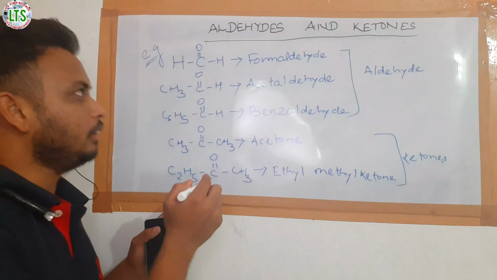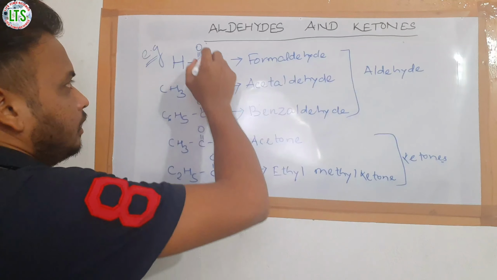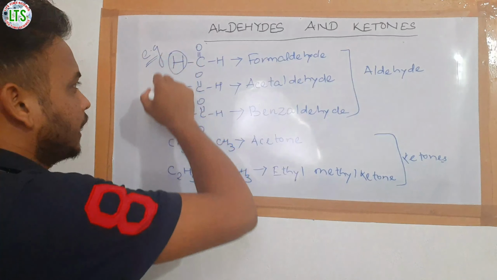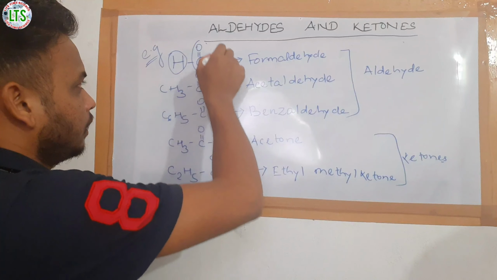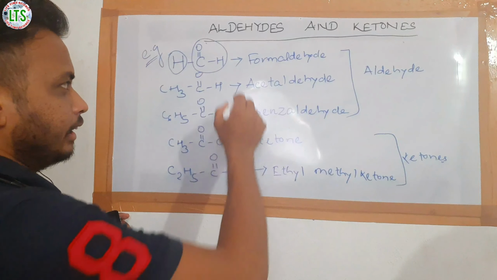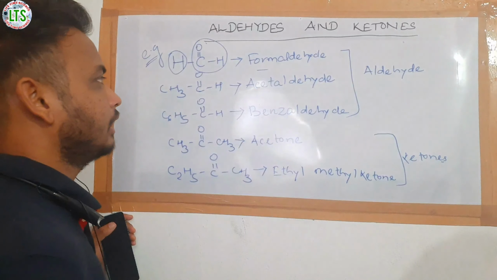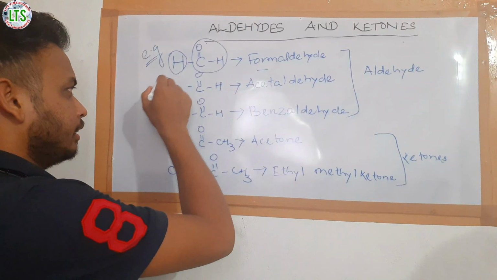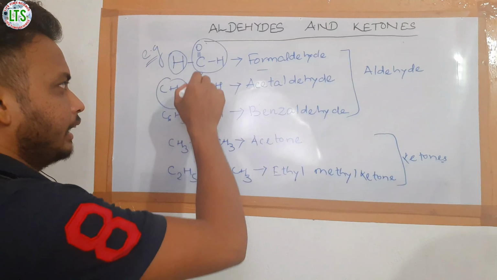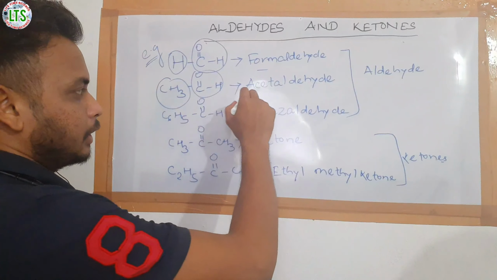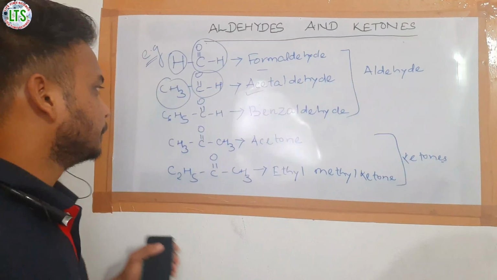For example, if hydrogen is attached to the CHO group, then it is called formaldehyde. If CH3 or methyl group is attached to the CHO group, then it is called acetaldehyde.